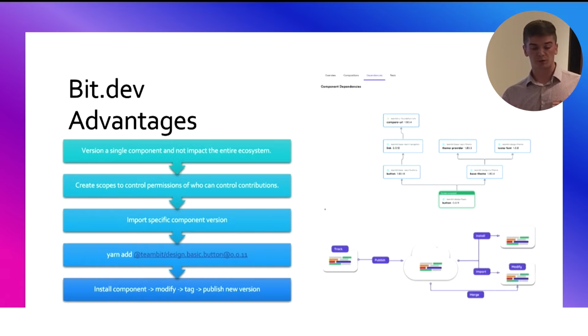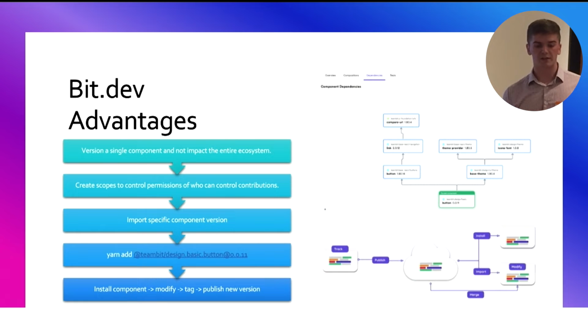Locally, you would tag that component with a version, and then you would publish it out to the Bit cloud. This is where other teams would be able to discover your component and figure out if that solves their use case. And then if they do find it useful, they can create it as a dependency on their project.